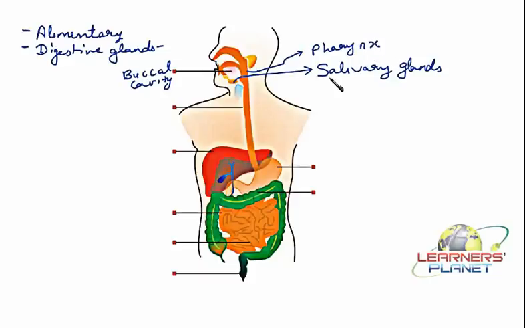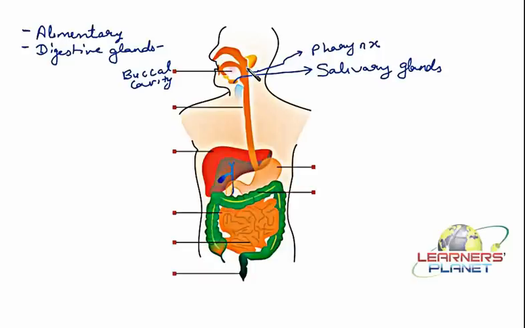Now with this picture, don't get confused that these salivary glands are present in the pharyngeal cavity. No, it is just a location which is shown here, and of course it is towards the backside of your tongue. Right. Then further, when the buccal cavity leads to the next cavity, that part is known as the pharynx, and the cavity present inside is known as the pharyngeal cavity.